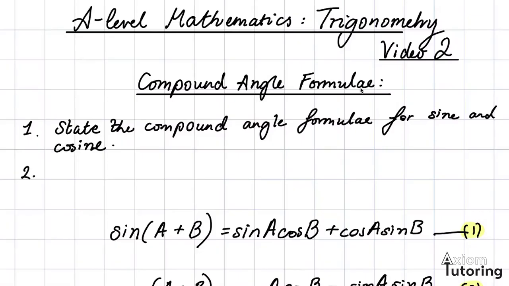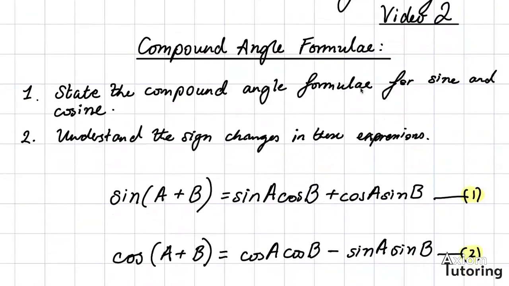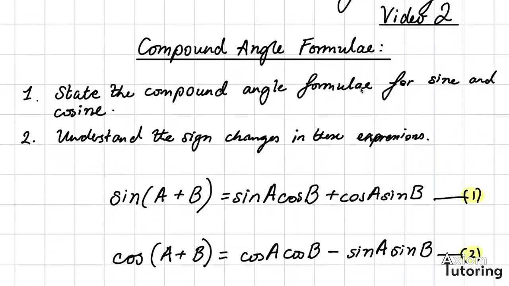The second thing is to understand the sign changes in these expressions. What I mean by that is we have sine of a plus b and cos of a plus b stated already, but what if I want the expression for sine of a minus b and cos of a minus b?